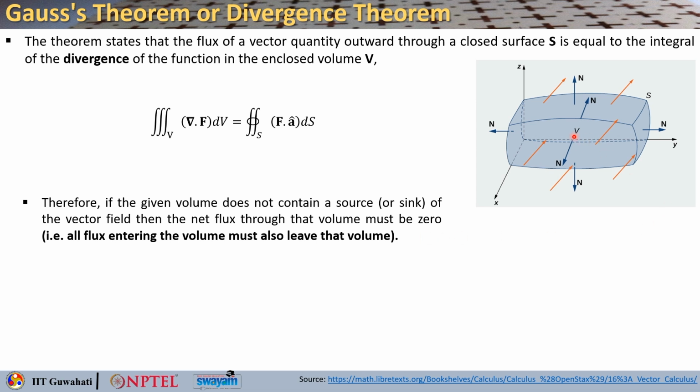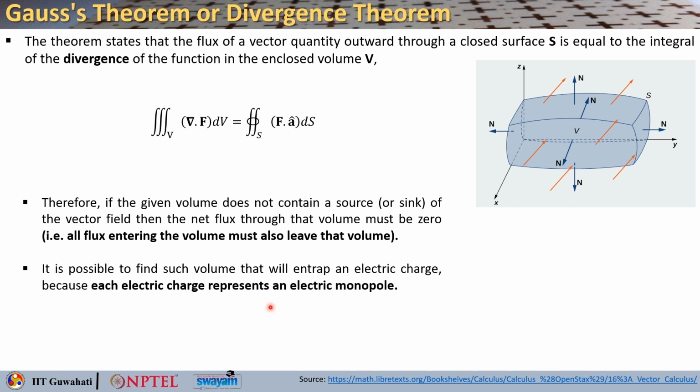If it contains a positive charge, then there will be electric flux lines coming out of it, or even if it contains a negative charge, there will be something. But if there is no net charge, then there will be no net flux through this particular volume. That means all the flux entering the volume must also leave that volume.